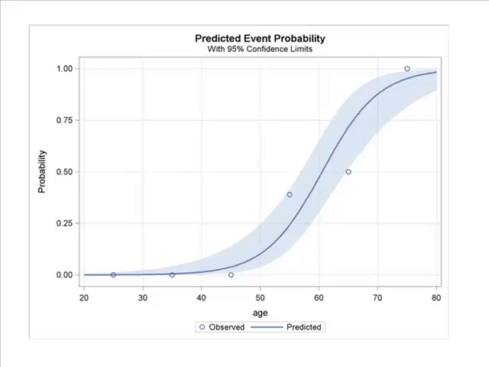So it looks like in this data, I'm not sure what these are, but let's ignore these two. So with this data point at 25, still alive. This data point at 35 was still alive. This data point at 45 still alive. Looks like somebody died in their 70s. Not sure why these two are up there, but whatever.